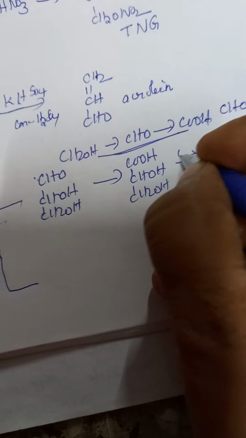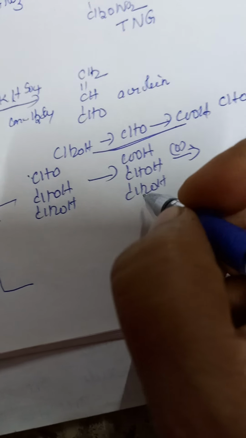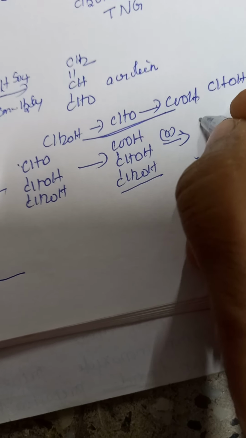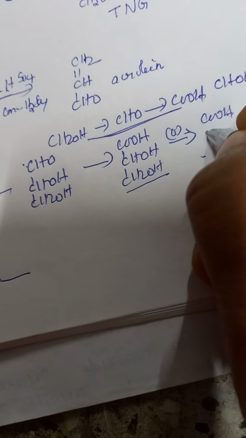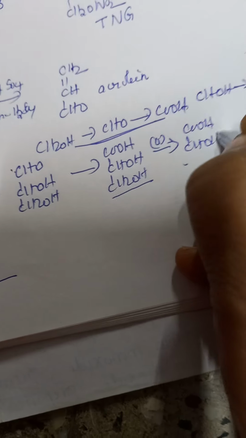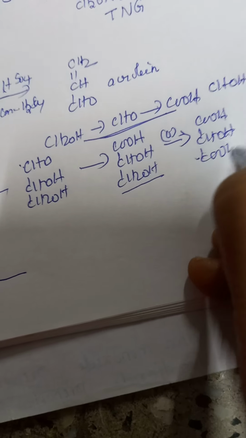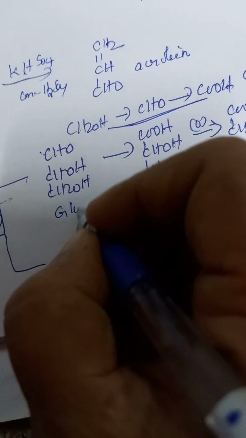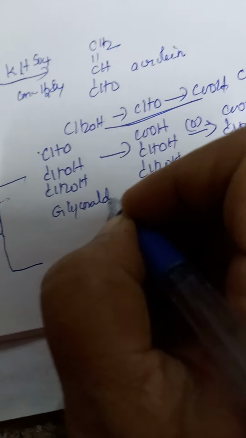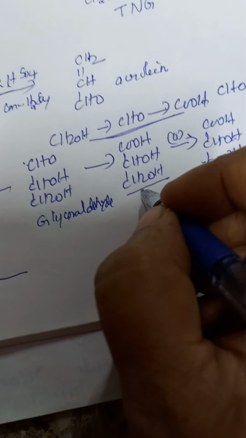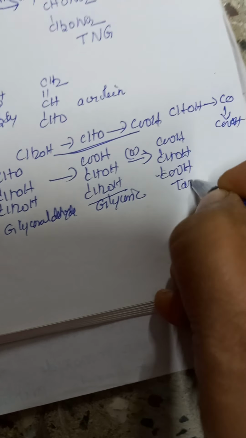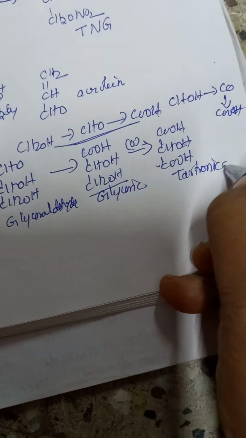Then on oxidation once more, this primary alcoholic group is converted to an aldehyde group, then to the acid group, COOH, CHOH, COOH. This is glyceraldehyde. This is glyceric acid. This is tartronic acid. This is one step.